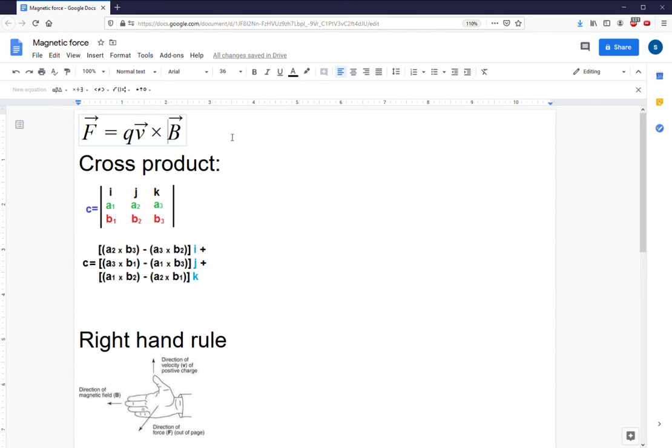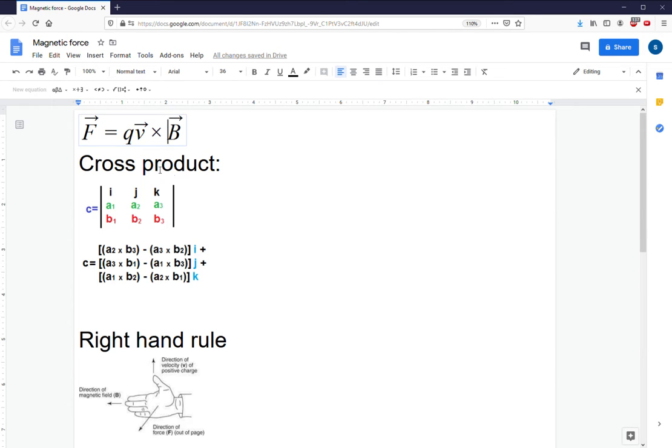I know that both of you are either in statics now or have been, so you know what a cross product is and how to use it. As a brief reminder, if you have two vectors, vector A and vector B, vector A will have I, J, and K components, and vector B will have I, J, and K components.